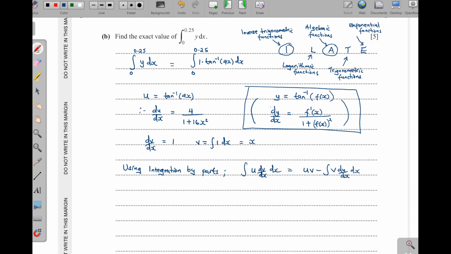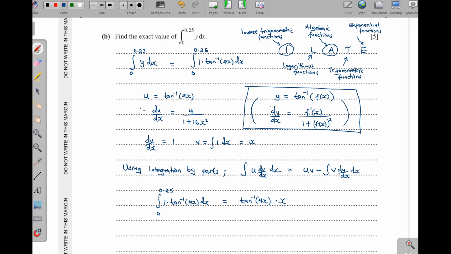Now, bring this one here. The integral of this one here shall be equal to, what is our u? Our u is the arctan of 4x. Then what is our v?